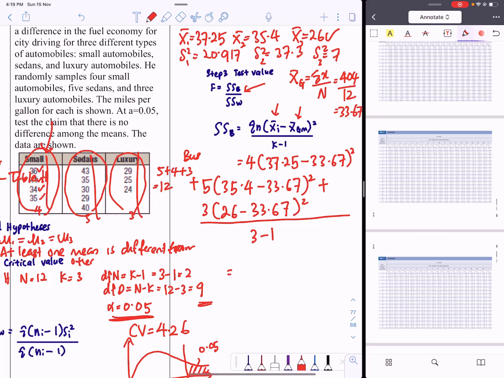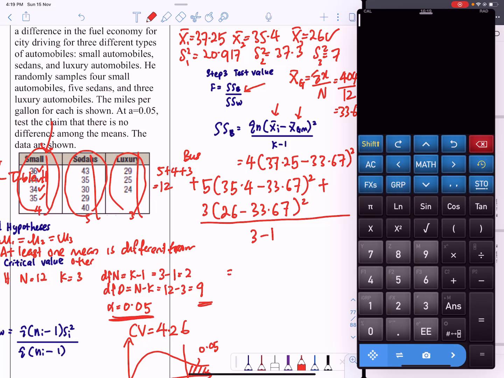Okay, and then we calculate using calculator.